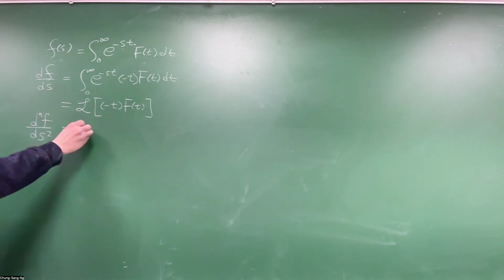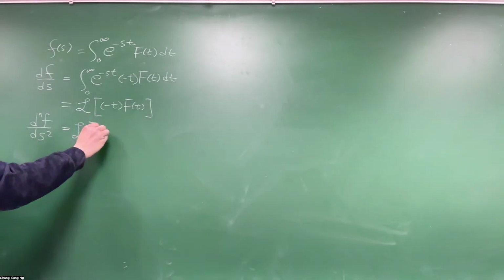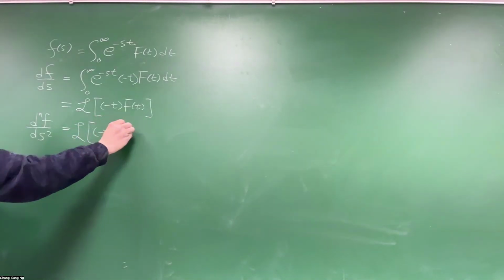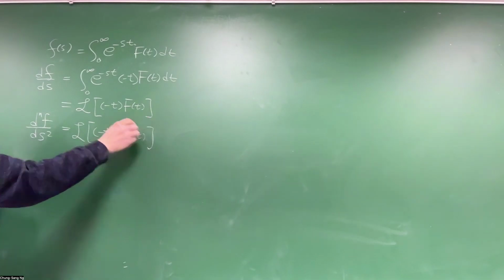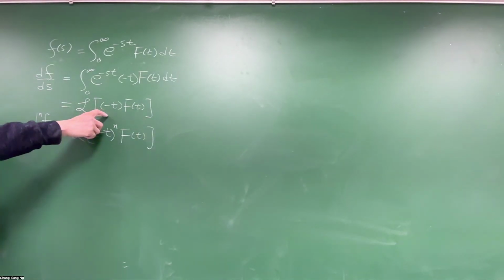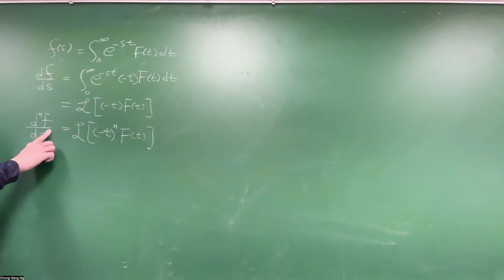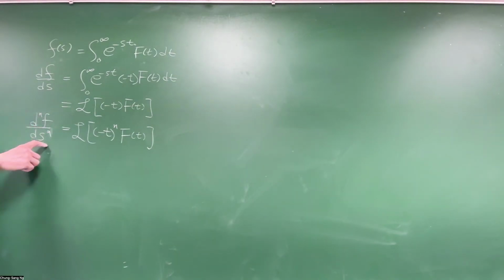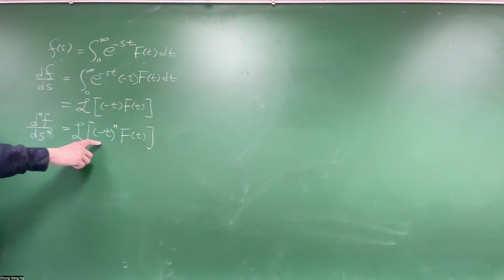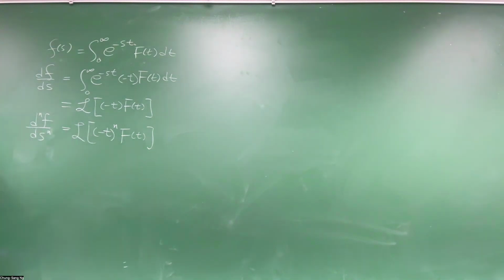By the same consideration, it's just minus t to the n. Because each time you take a derivative, you just multiply by a minus t factor, up to this n. You take n derivatives, and you just multiply by minus t to the n power. Is it obvious?